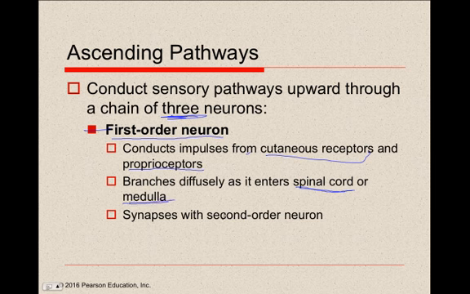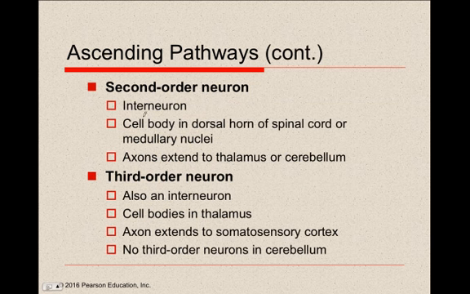So again, they're going to synapse with our second order neuron. Our second order neuron is going to be what's called an interneuron. So that interneuron, again, is going to be a neuron between the sensory neurons and other neurons in the brain or the spinal cord.